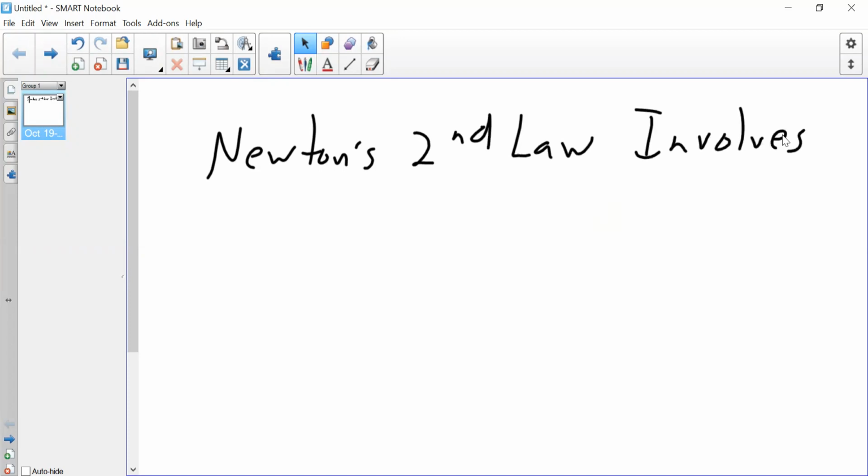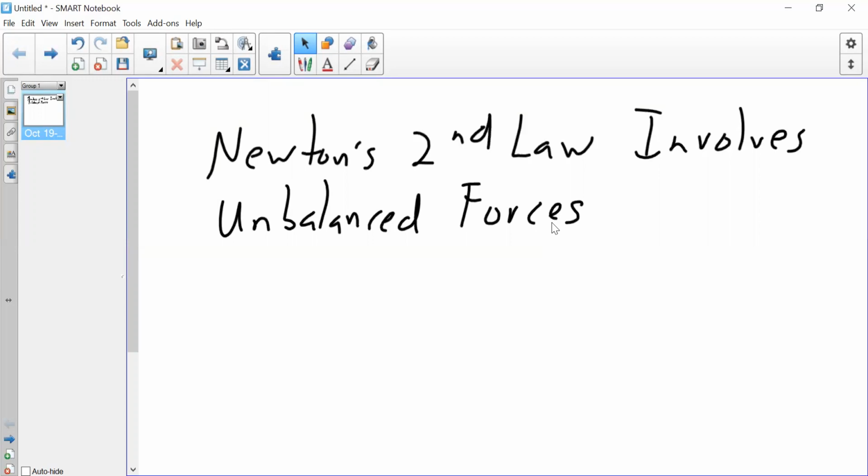Newton's second law involves unbalanced forces.